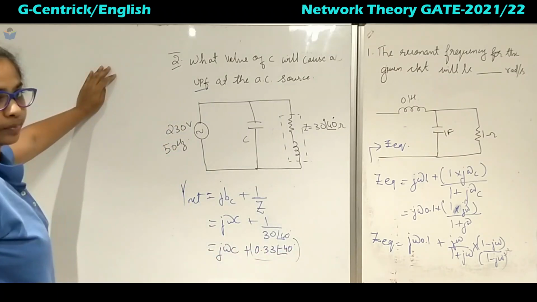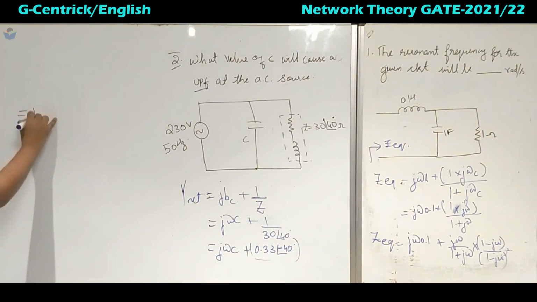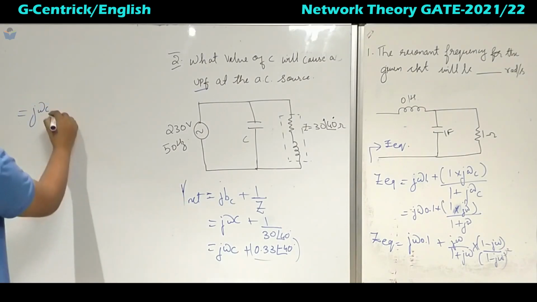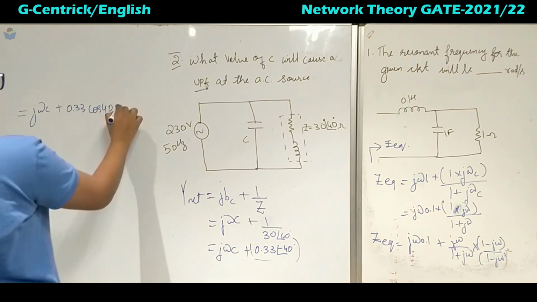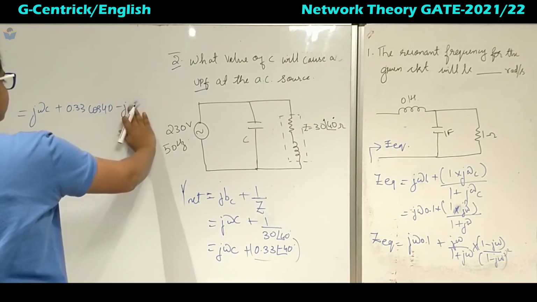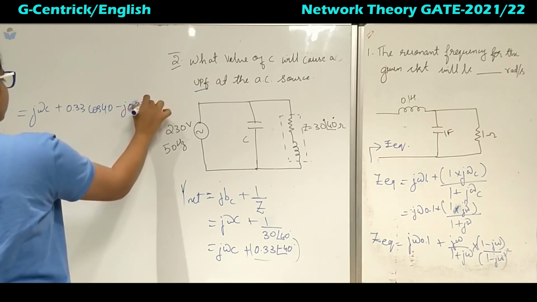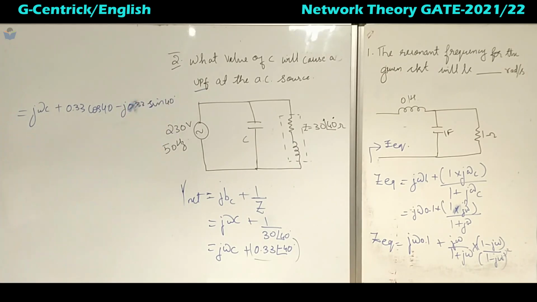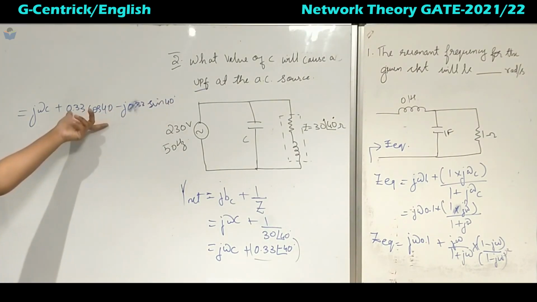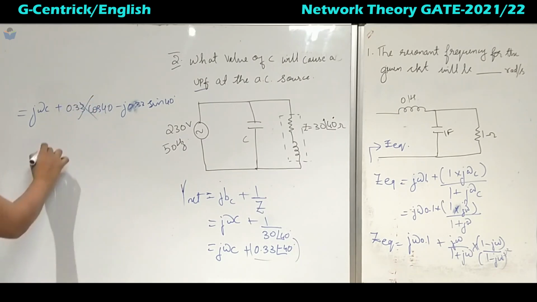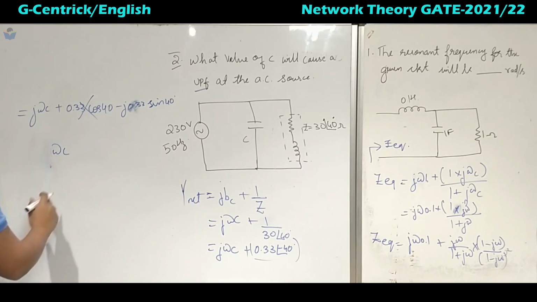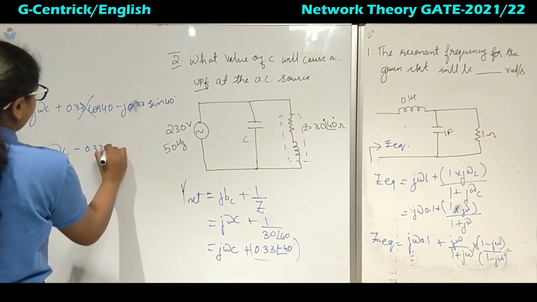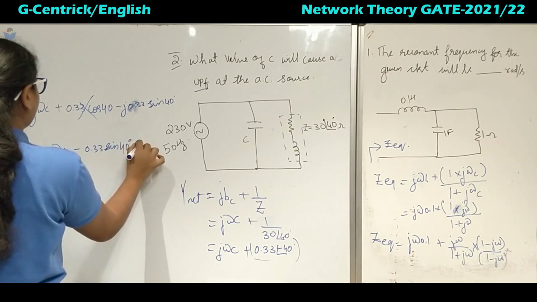We keep j omega C as it is, plus 0.33 cos 40 degrees minus j 0.33 sin 40 degrees. Now this is the real part and we take the imaginary part, so we cancel the real part. When taking the imaginary part, don't write j. So omega C minus 0.33 sin 40 degrees is equal to 0.